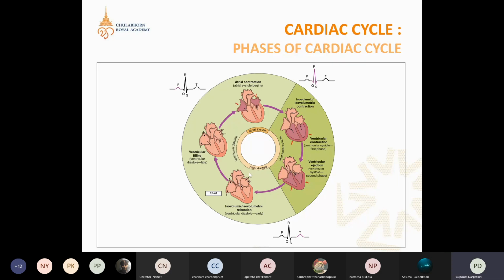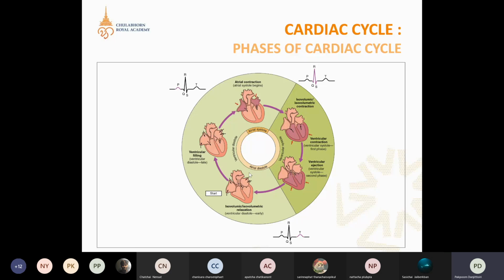And after that, the blood goes down from the atrium to the ventricle from the difference of the gradient. After that, the atrium will contract and pump the rest of the blood out into the ventricle again.